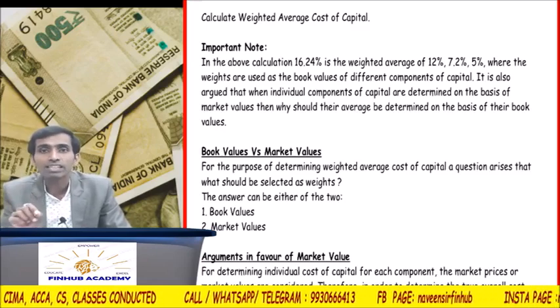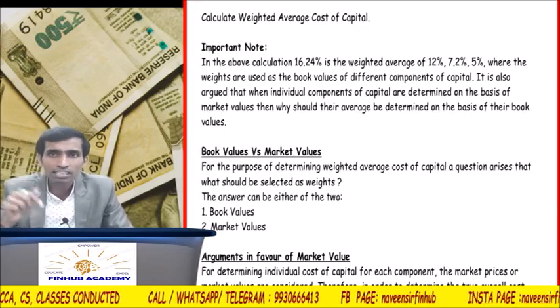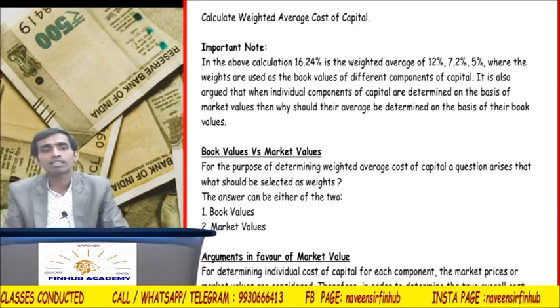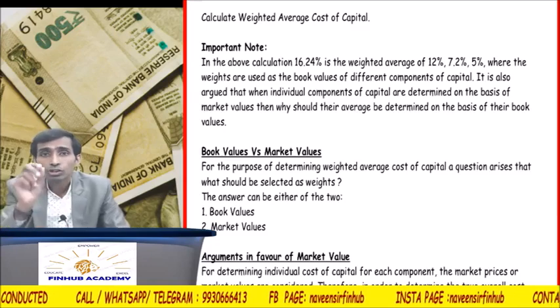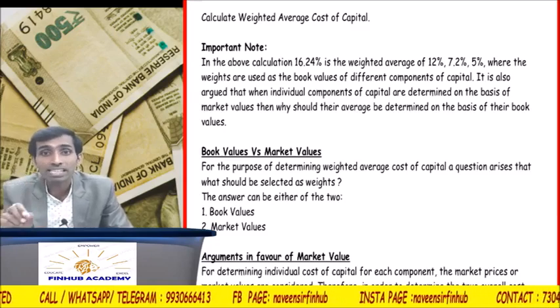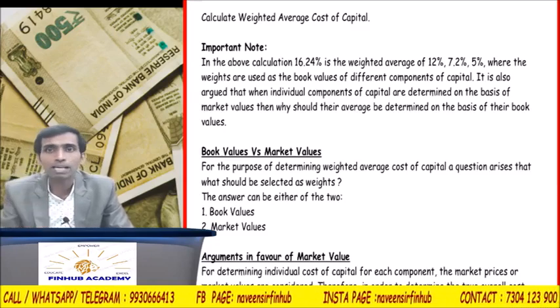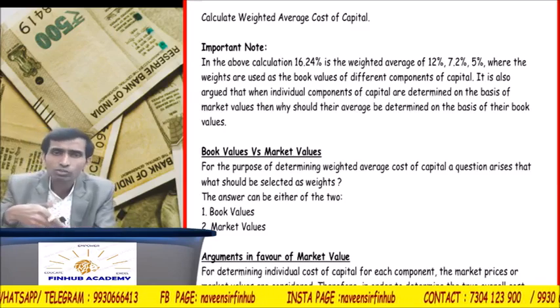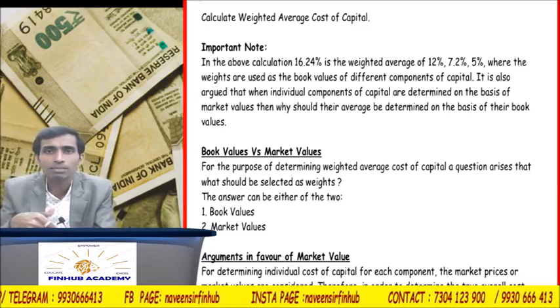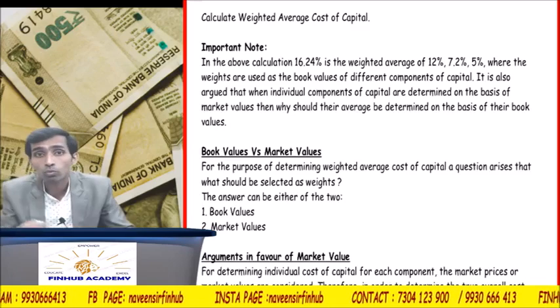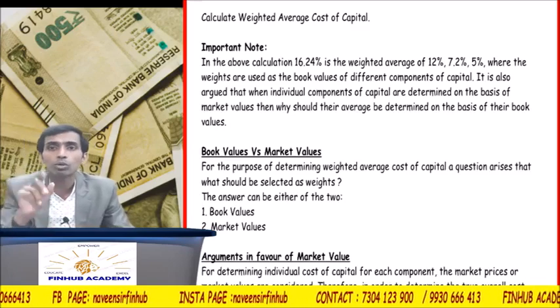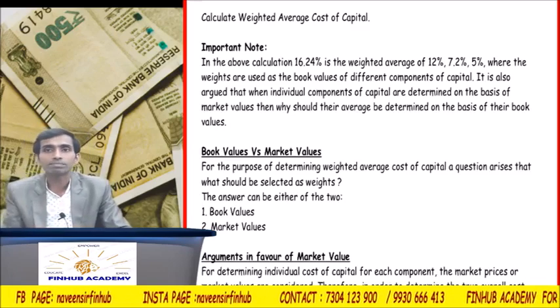D by P. Now what is P? P is the current market price. Understood? When I use Ke, D1 upon P0, P0 is the current price. Then when individual costs are calculated on current price, why is the overall weight calculated on book value? That is the argument.